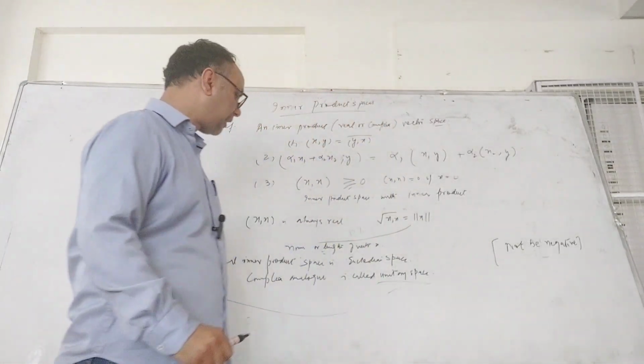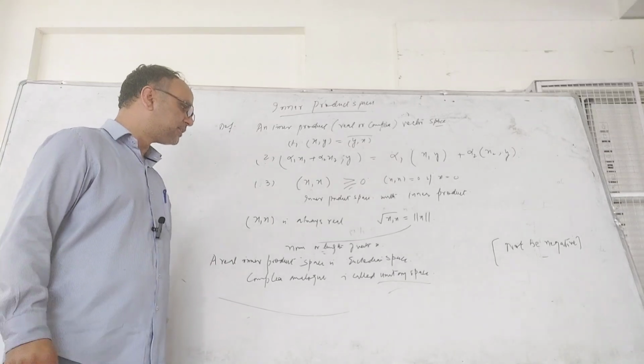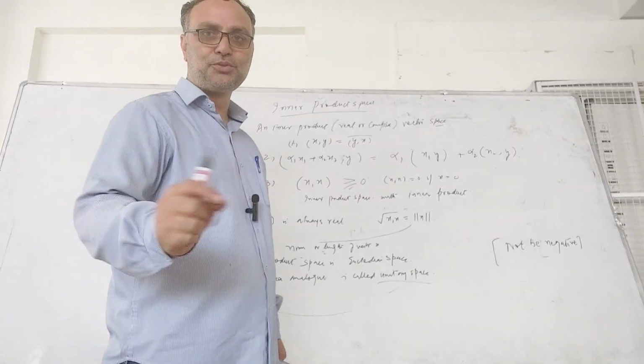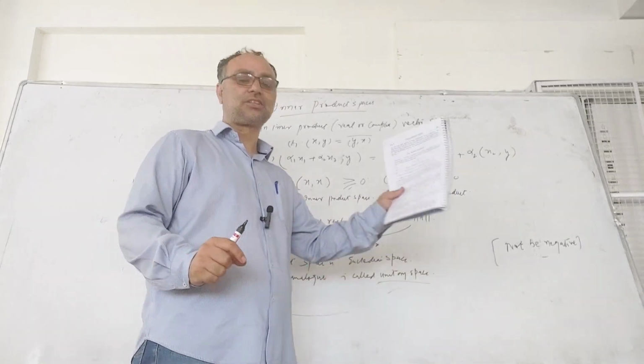So real inner product space is called a Euclidean space, and any inner product in complex space is called a unitary space for times to come.